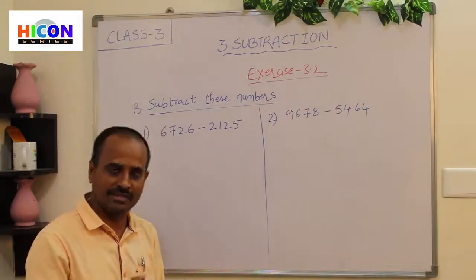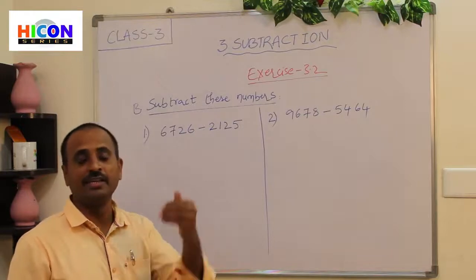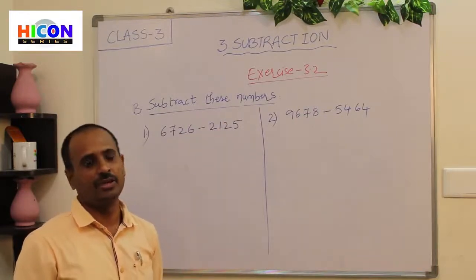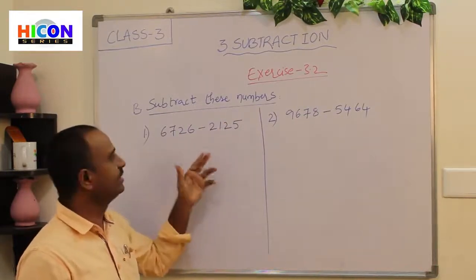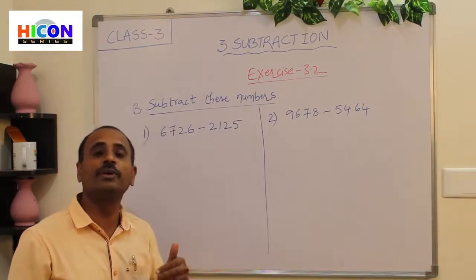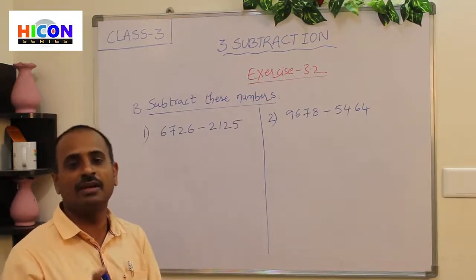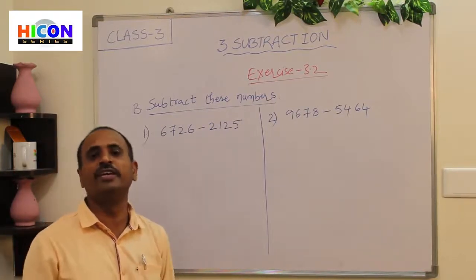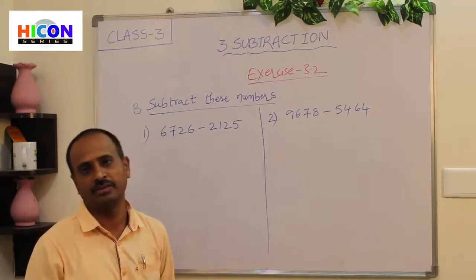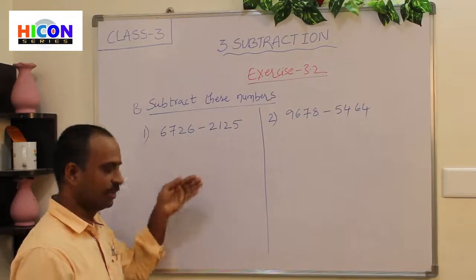In the previous section, the 2 numbers are given one below the other. That is called vertical subtraction. So now we have to write these numbers one below the other. Then the subtraction will become easier. If our numbers are written one below the other, then it is more convenient for us to do the subtraction.